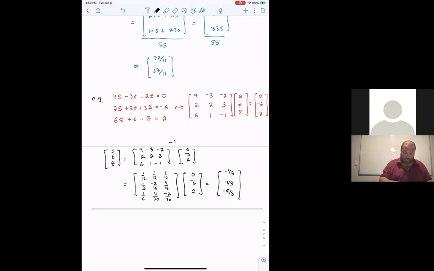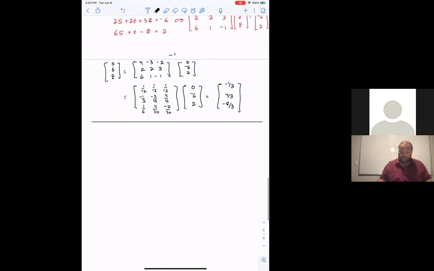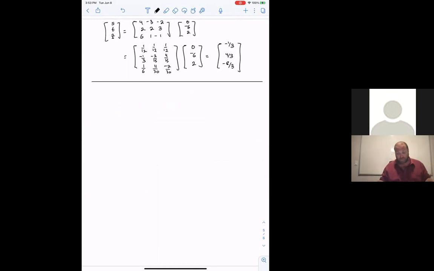So I'm happy. Everything's working out great. We now know how to solve a system of equations using matrices. Is it always the most efficient way? No, it's not always the most efficient way, but it's a way. And the more ways we have at our disposal, the more options we have, it can't get any worse.